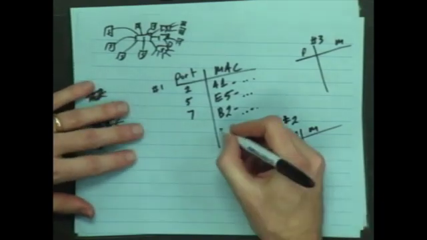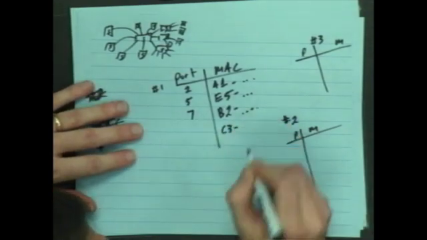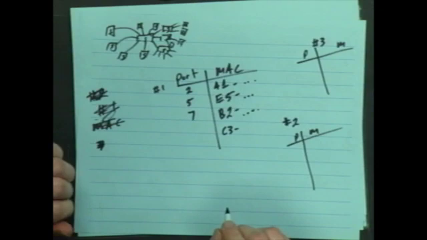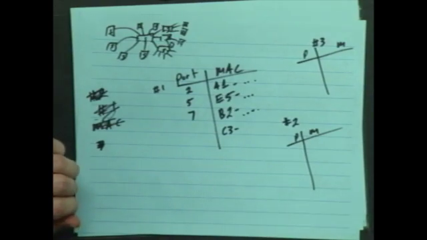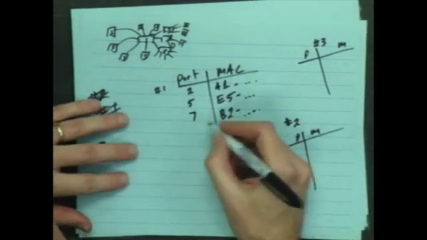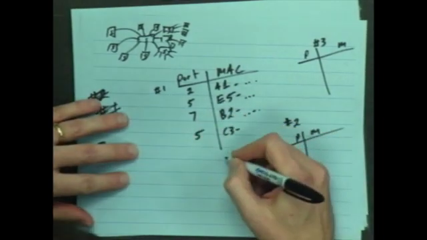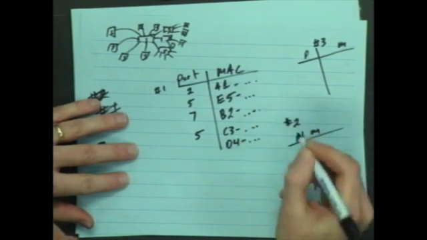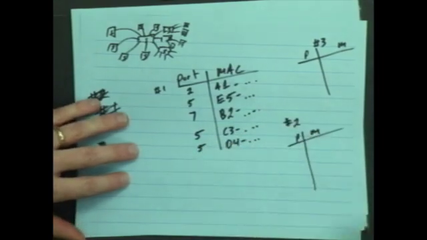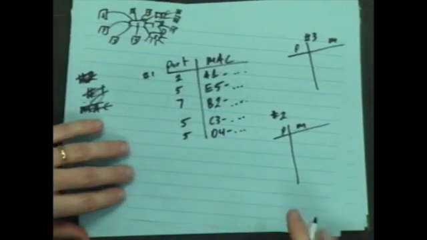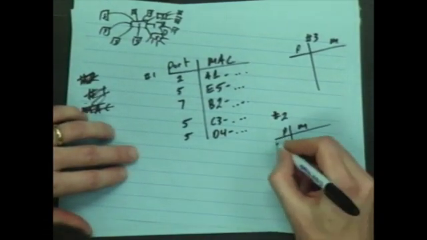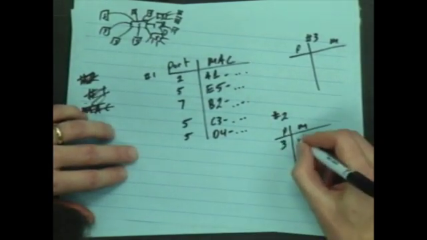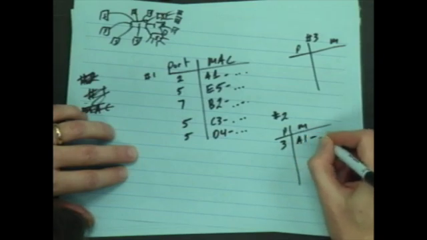There's still more to come. So I've got C3, that was that server. To get there on switch number 1, I need to go to 1, 2, 3, 4. Port 5 is how I get to C3. And then D4 is also out port 5.